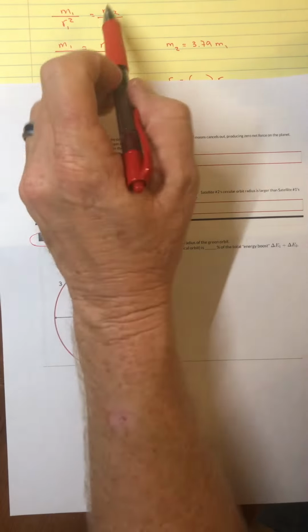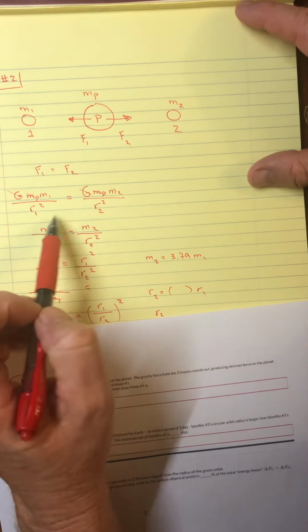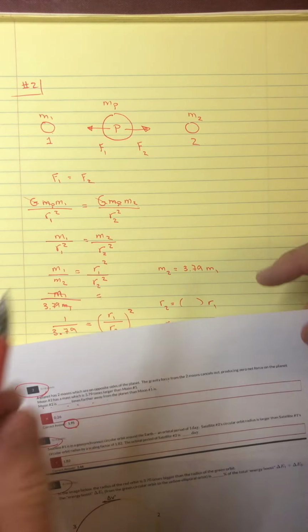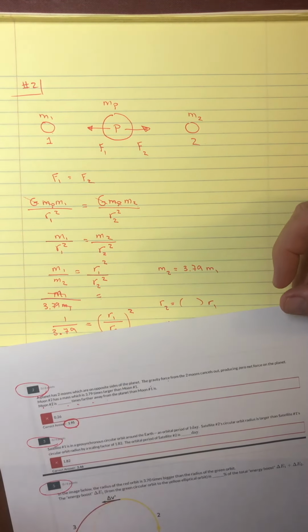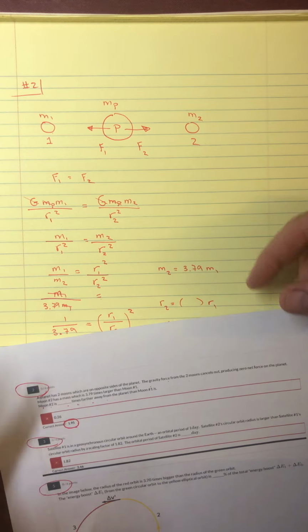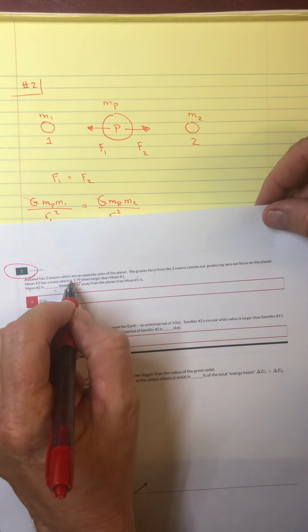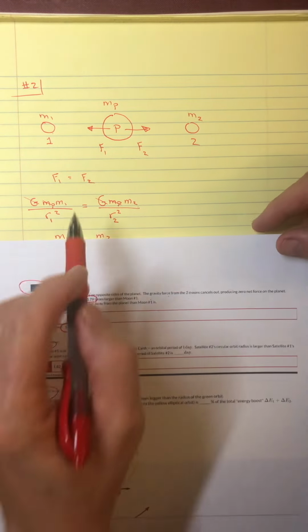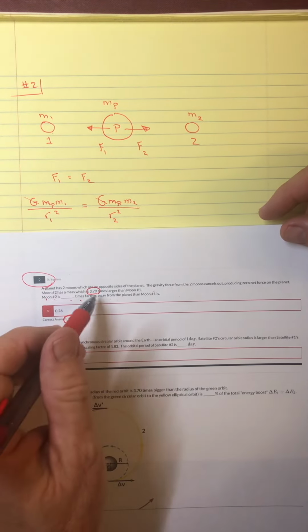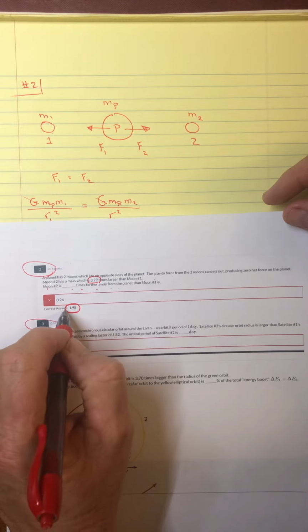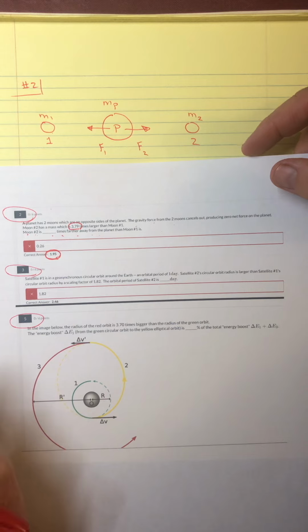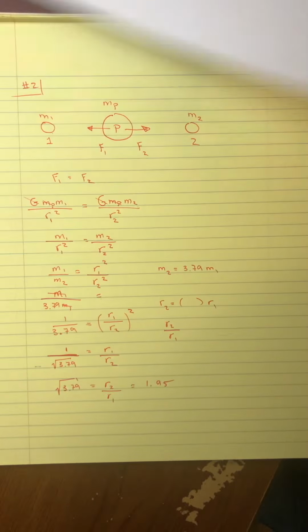Now remember, it follows an R-squared pattern, so it makes sense that if the mass is 4 times as big, not quite 4, 3.79, then the distance would be the square root of that, and the square root of 4 would be 2. So this would be a little under 2. And sure enough, we have an answer a little bit under 2. All right, hope that one was helpful.